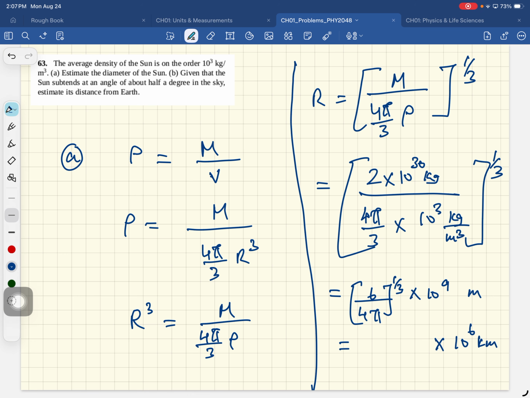Okay, so it's closer to 160 million kilometers, 150 million kilometers. But we are off because we used the average density of 1,000 kg per meter cube, which was not accurate.